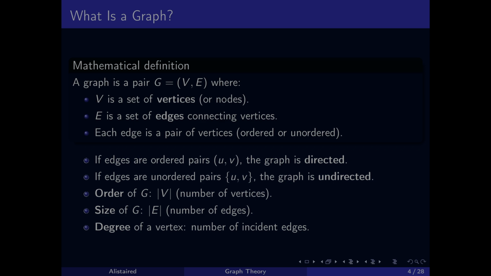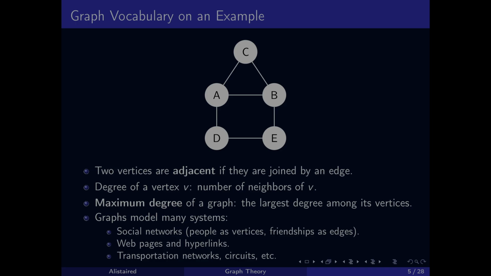Now, there are several other definitions about certain properties of graphs. For example, the order of a graph is the number of vertices, and the size of a graph is the number of edges. But one of the most important definitions in a graph is the degree, which is defined for a vertex. The degree of a vertex is, intuitively, the number of neighbors of the vertex, but it's also the number of incident edges on the vertex: how many edges are connected to the vertex.